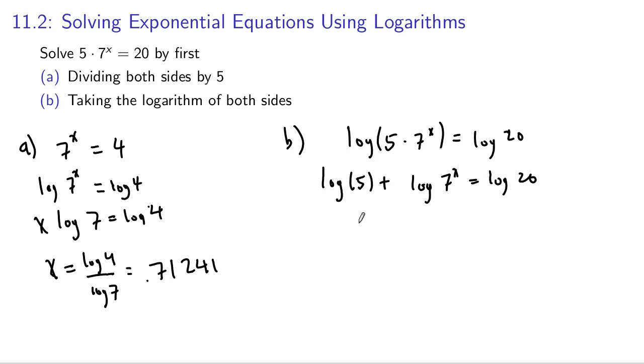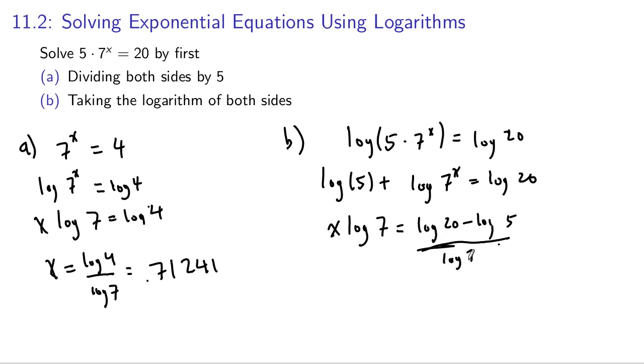Now we can subtract log 5, and we can pull the x in front now that it's just in one expression. x log 7 is log 20 minus log 5, and then divide both sides by log 7.